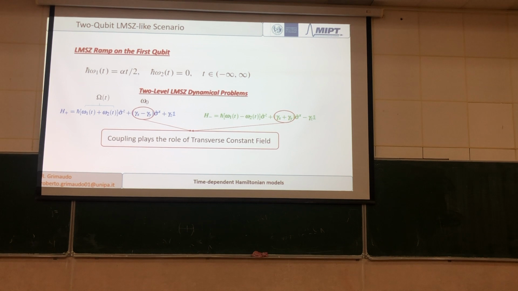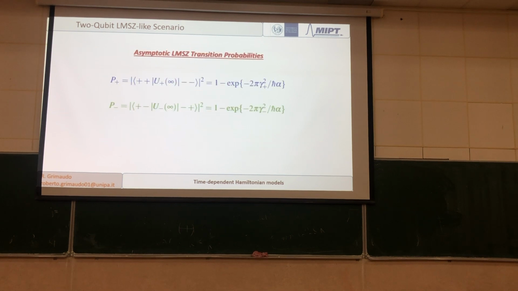So in this case we can write the Landau-Zener transition probability for the two subdynamics. Here we have the transverse field and here we have the slope, so we can write the Landau-Zener transition probability in the two cases, and they appear in this way. We see that here we have the slope of the field, and here in general we have the transverse field, but in this case we have the coupling between the two spins. So this is why we speak of a coupling-based Landau-Zener transition.